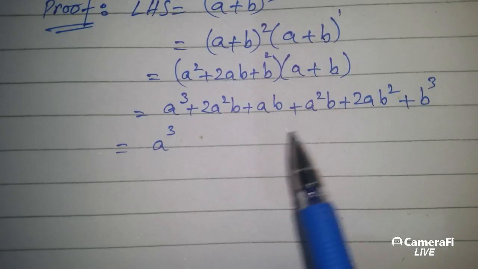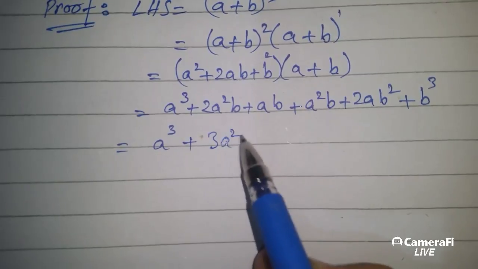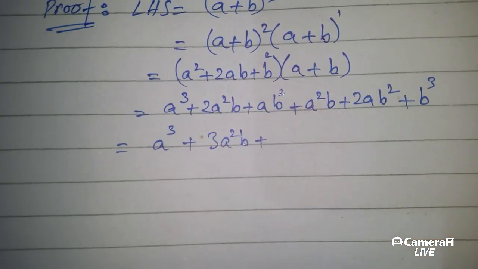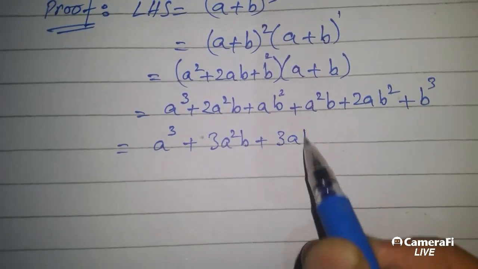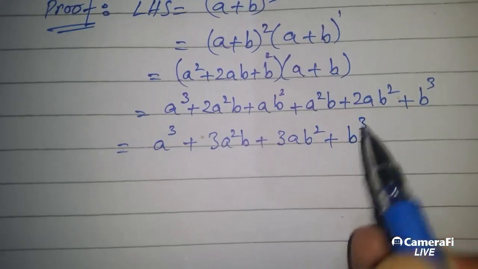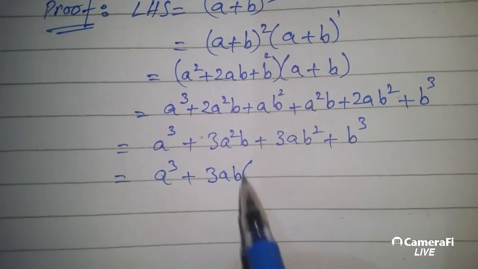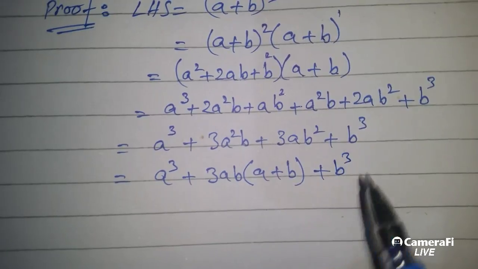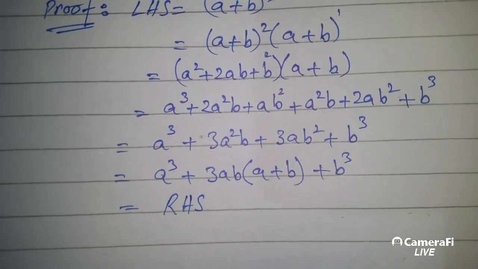Now we can combine these terms. 2a square b plus a square b becomes 3a square b, and 2ab square and 1ab square becomes 3ab square plus b cube. Now I can take 3ab as a common factor from these 2 terms, and this is what we were looking for, which is the right hand side.